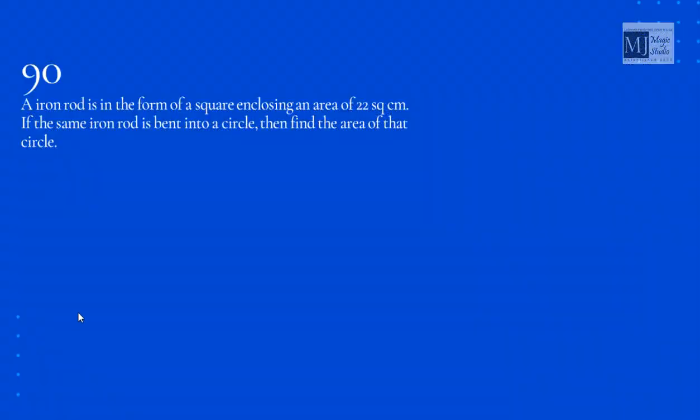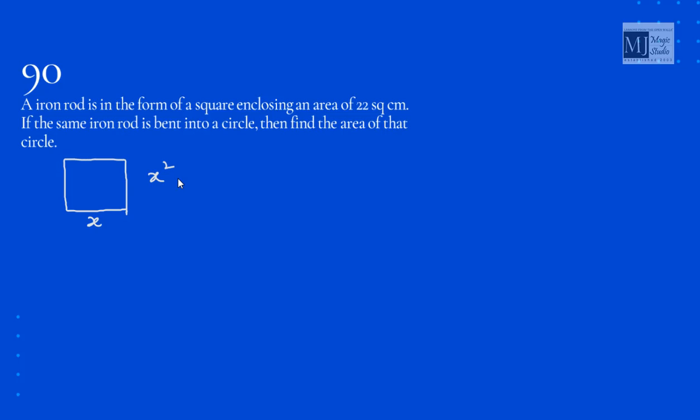Question number 90. An iron rod or iron wire, whatever, is in the form of a square enclosing an area of 22 centimeter square. We have this iron wire. So let the side of the square be x.